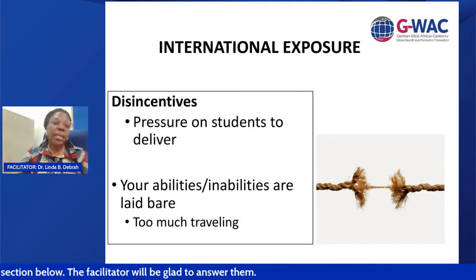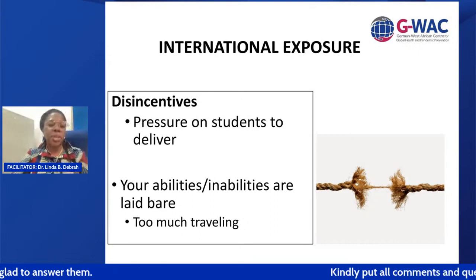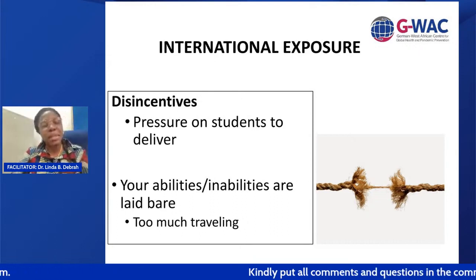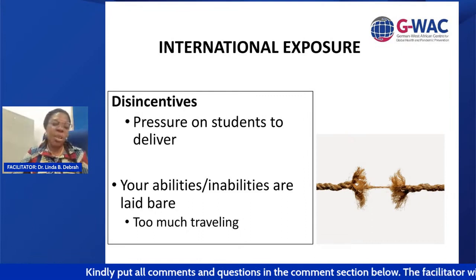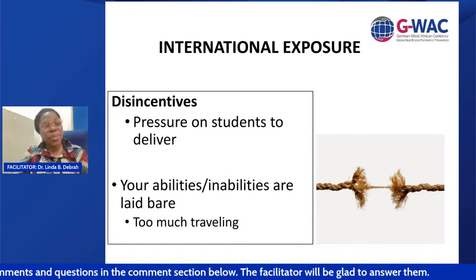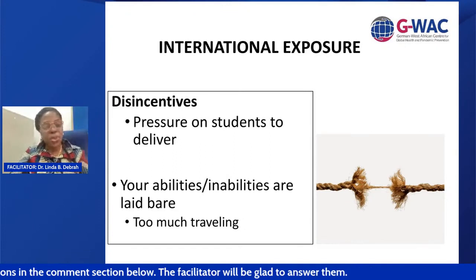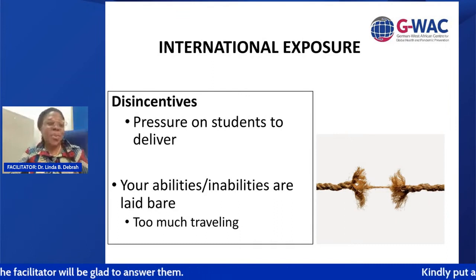One would say it's all good, but there are some issues that we would also want to look at. If you are a student and we have given you all these advantages, you have access to laboratories, libraries, and all the facilities that you would need, then there's pressure on you to deliver.